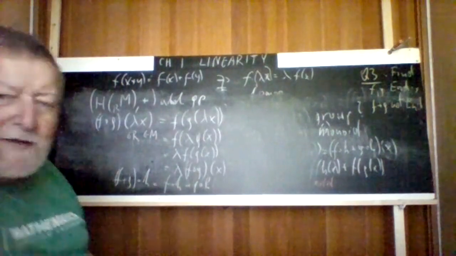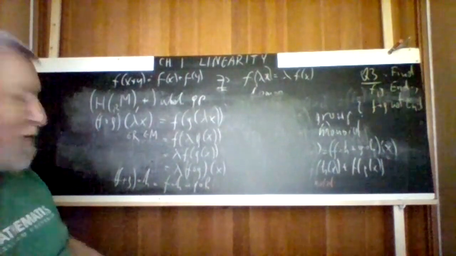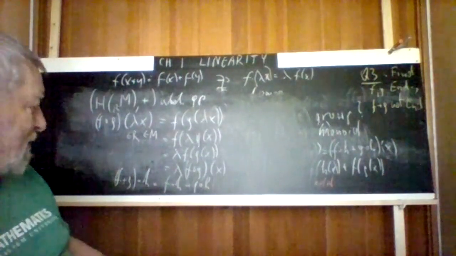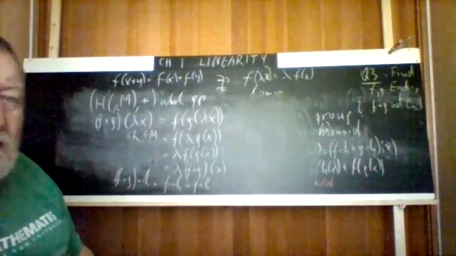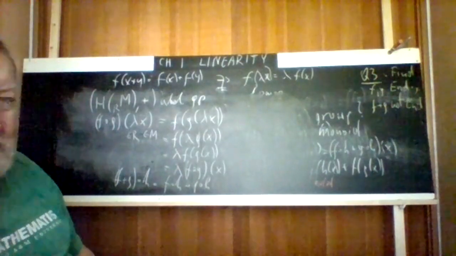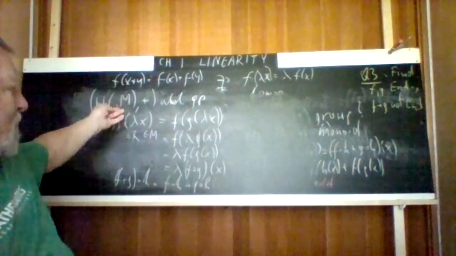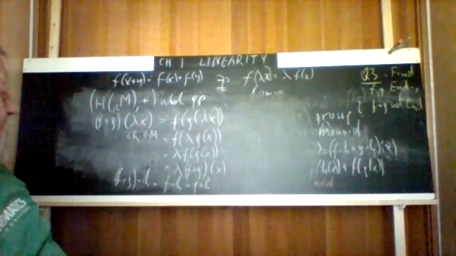But if you remember, for the other distributive law, we had trouble because that only worked if the first F happened to be additive. And we see that here we don't require additivity, we just require that the maps are homogeneous.